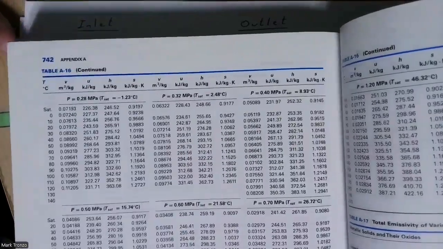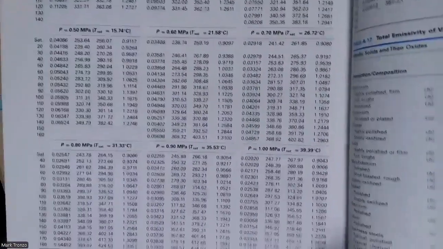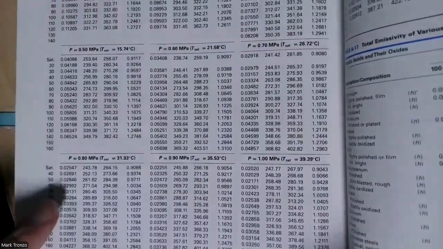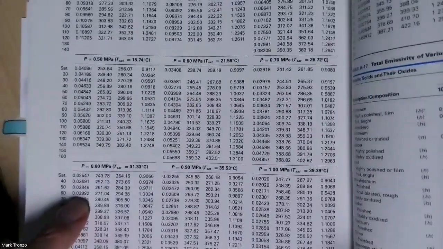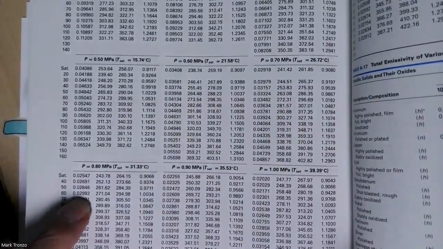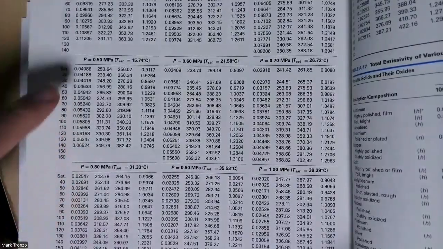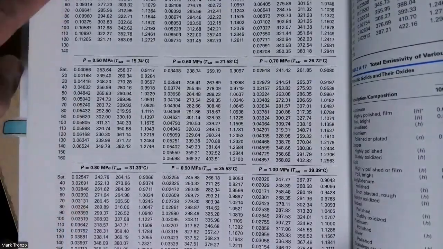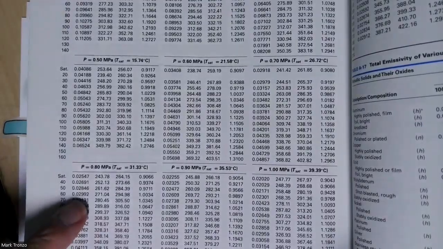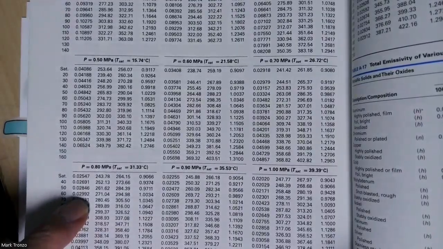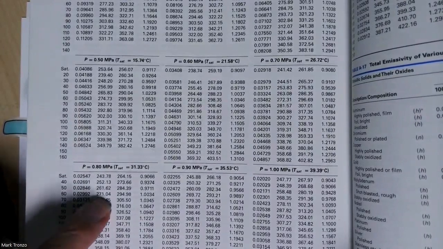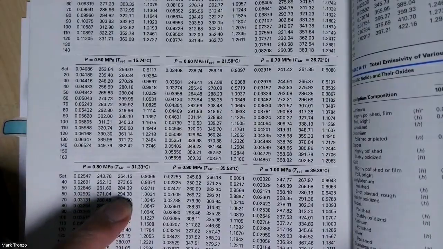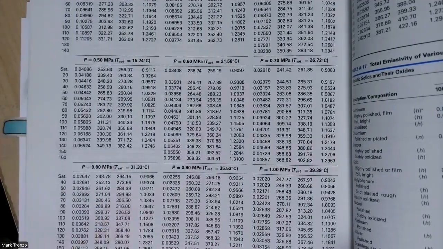Again, if we look at the superheated table at 0.8 MPa, 60 degrees, fortunately, this time we do not have to interpolate since we have 60 degrees right there. And this, you can't see the top of here, the specific volume is 0.02992, and over here is the enthalpy. It's 294.98.